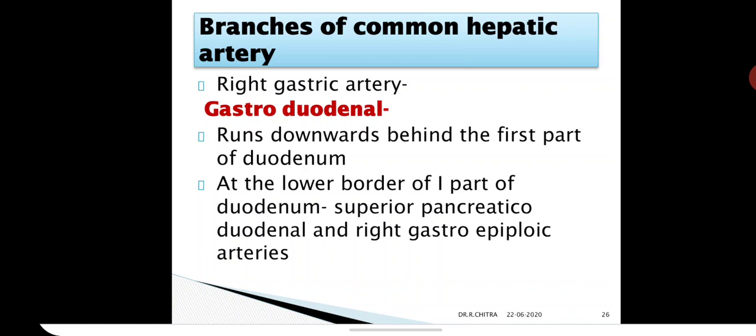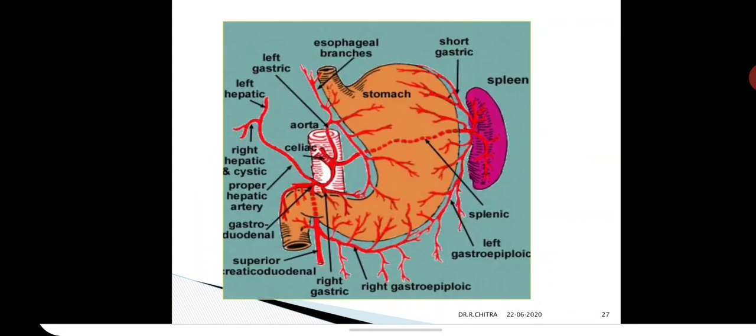When it reaches the lower border of the first part of the duodenum, it gives rise to two branches, superior pancreaticoduodenal and right gastroepiploic arteries. So you can see in this picture the gastroduodenal artery, which runs behind the first part of duodenum, then divides into superior pancreaticoduodenal and right gastroepiploic artery.